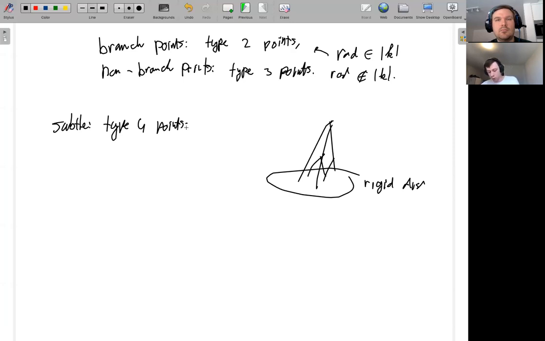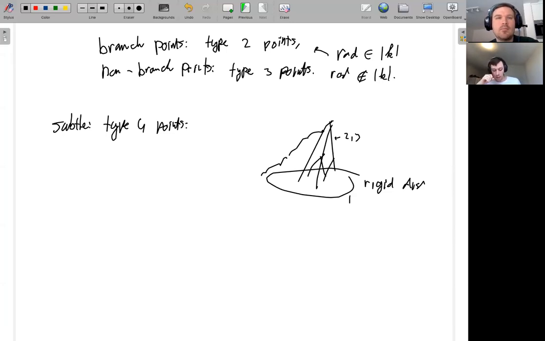So here we have type 1, here we have type 2 and 3, and there are more points, the type 4 points. They correspond to this: you have a disk here, and then you take a smaller disk, and a smaller disk, and so on, and you get a decreasing sequence of disks that keeps decreasing but is never empty.